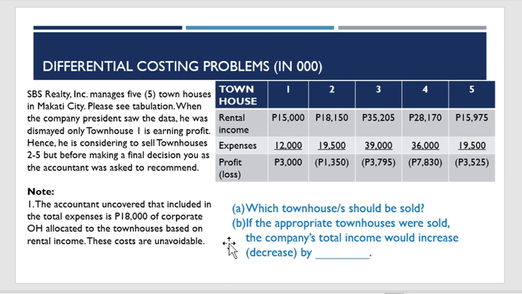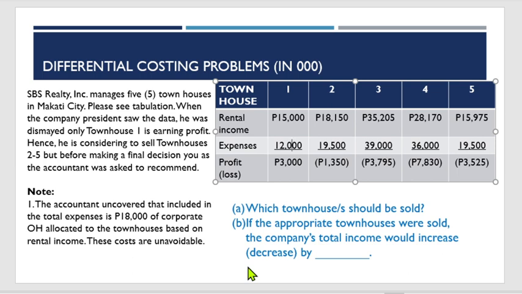For item B, if the appropriate townhouses were sold, the company's total income would increase or decrease by how much? I want you to analyze this. You were given rental income, expenses, then profit. But when you analyzed, it says that in your expenses, the total of 9.12, of all those expenses, 18 million is unavoidable. What does unavoidable mean? Even if you sell townhouses 2 to 5, it will still be incurred.